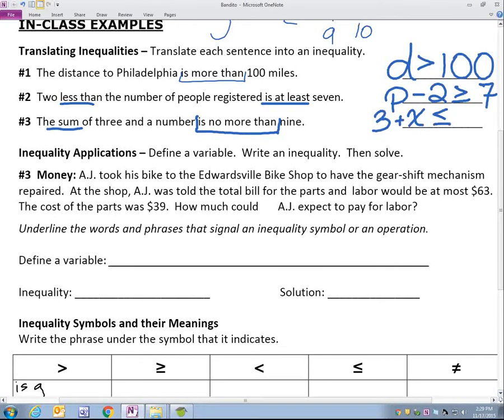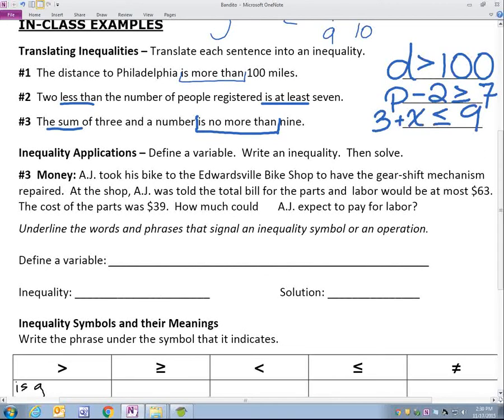No more than, so it has to be less than or equal to 9. No more than 9. That's what it says right there.